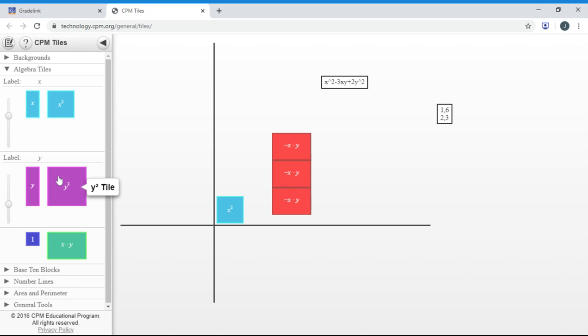All right, and then we have 2y squared, and they're positive. And those are all of our parts. So now we need to arrange these in a way that it makes sense.